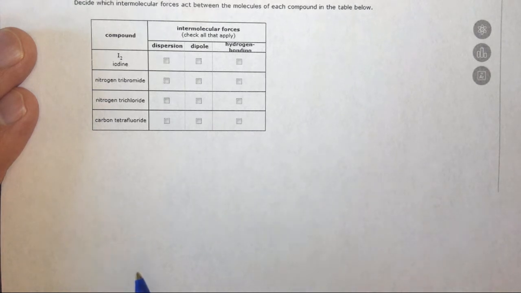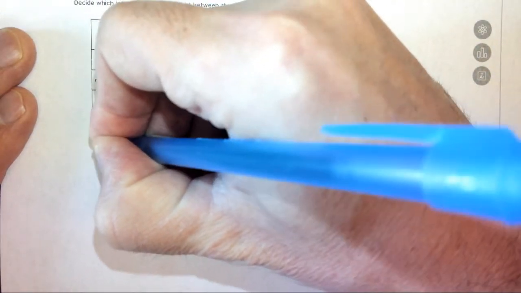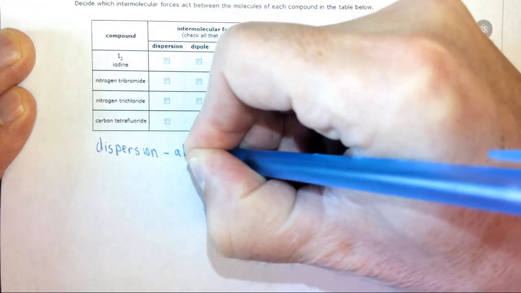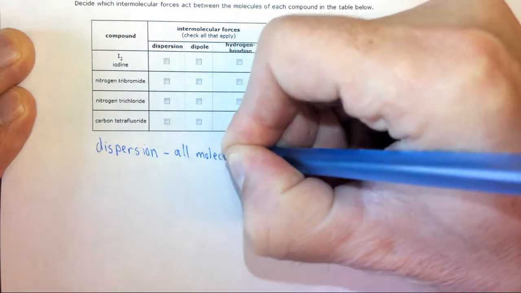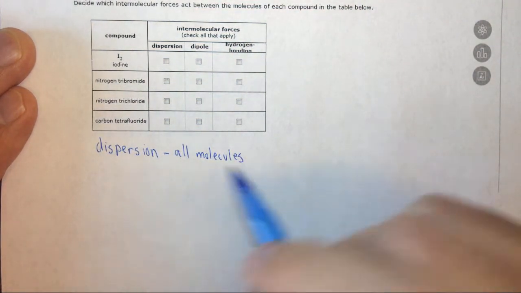I want to briefly review intermolecular forces without going into very much detail, and you can find these in other videos in this playlist. The first is dispersion, which is shared by all molecules. Again, not a lot of detail here, just which types of molecules have it.